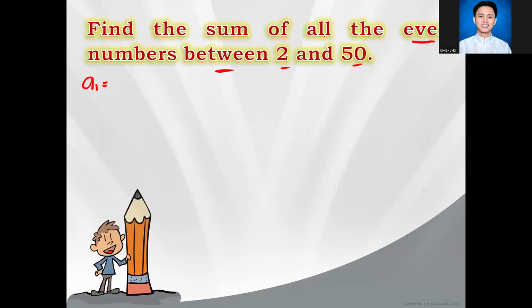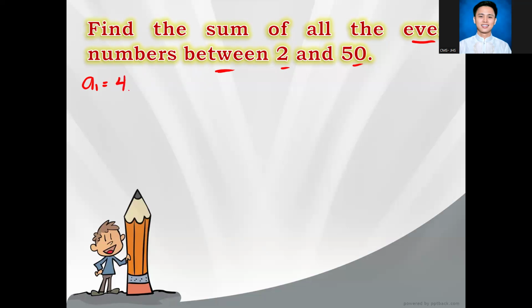Although 2 is an even number, we cannot include it or take it as our first term because, again, between 2 and 50, 2 and 50 are not included. They are excluded.